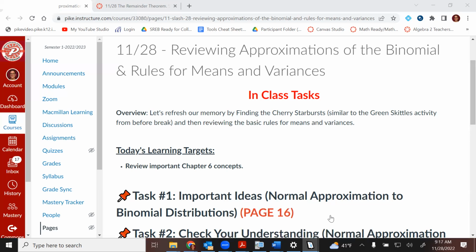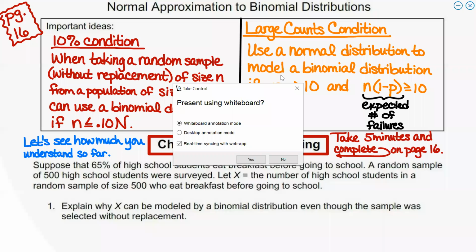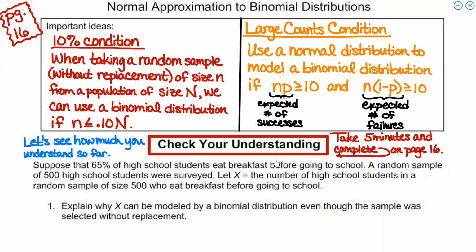Last one up here, and then I'll pop my answers up. Justify why X can be approximated by a normal distribution. I'm going to head back here for that. Why can we approximate X with a normal distribution? Expected number of successes, so N times P, is a number that's bigger than 10. Expected number of failures, so N times 1 minus P, is also bigger than 10.